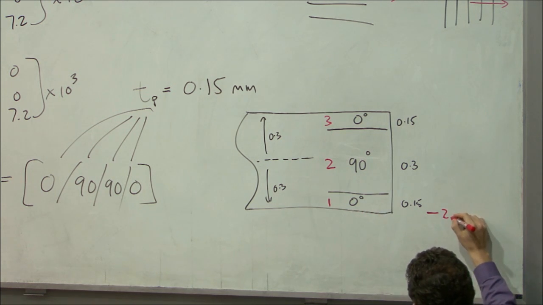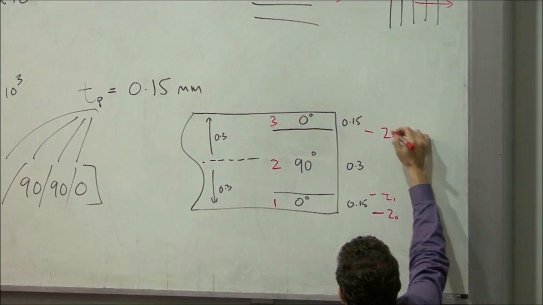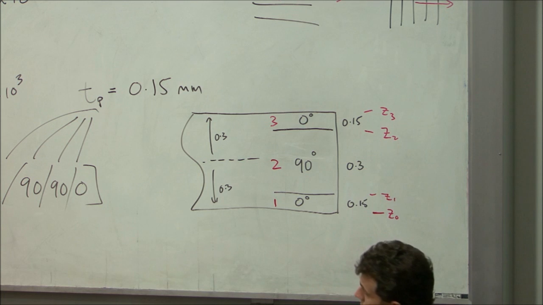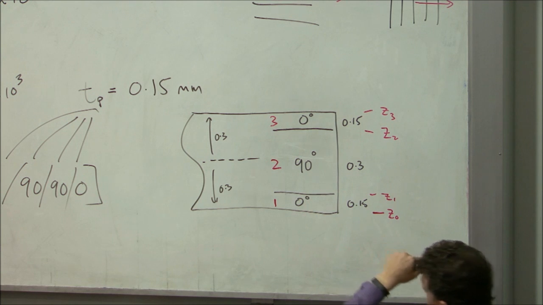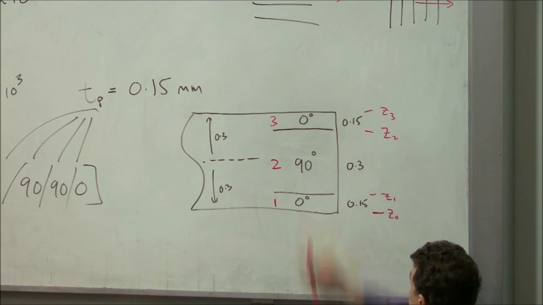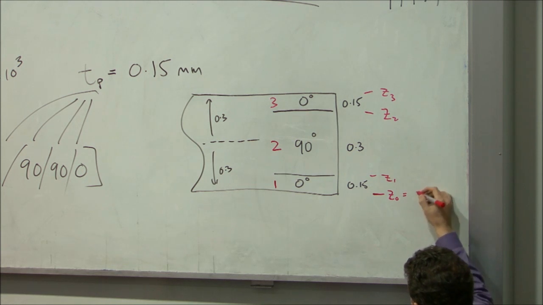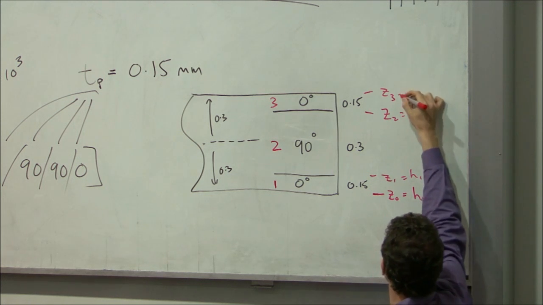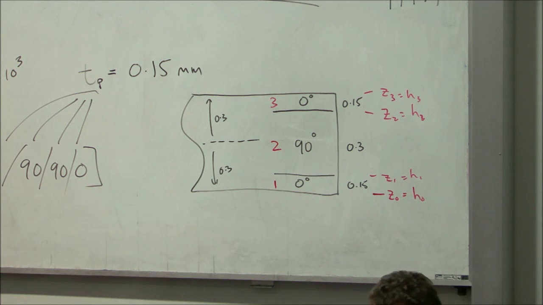So we call this Z0, Z1, Z2, and Z3. They're where one ply stops or starts and the next one finishes. So we're starting a ply here, finishing it there, the next ply starts and finishes. In some sets of notes, these are written as H0, H1, H2, H3, depending on where the notes have come from. H and Z are the same thing.